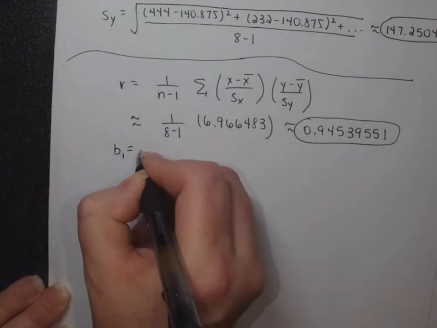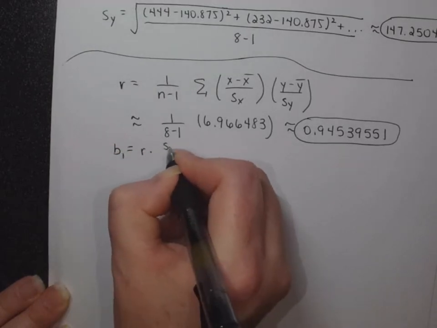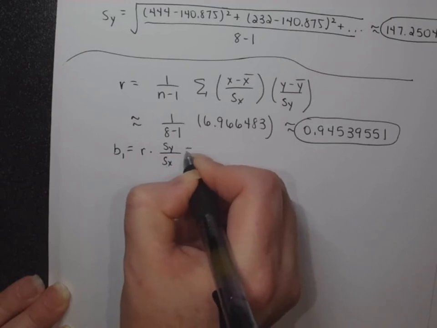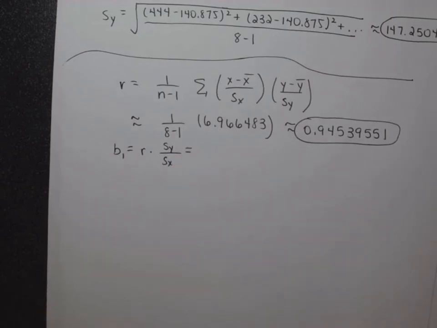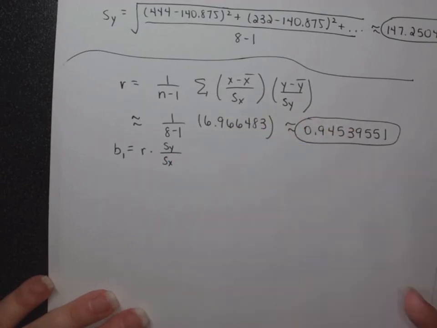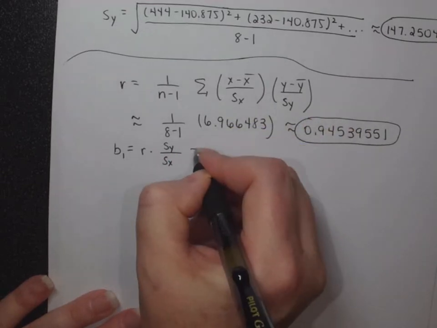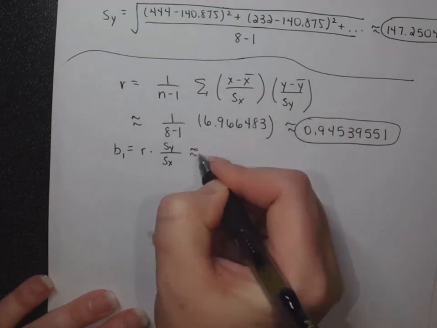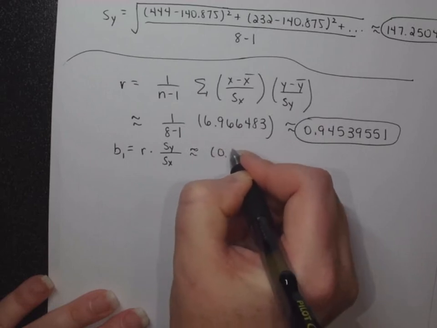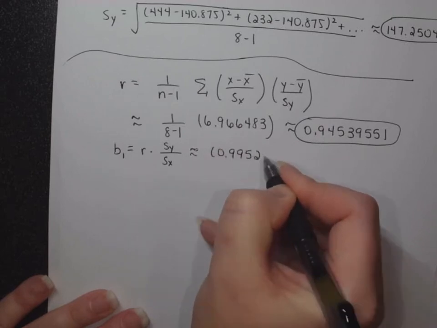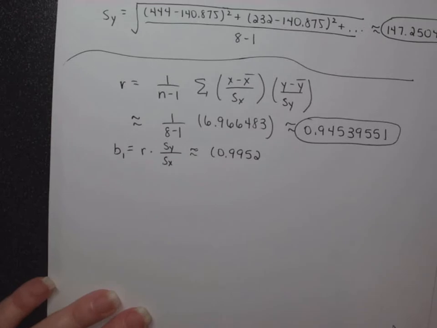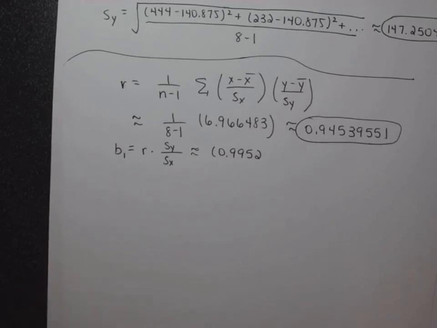Okay, so now let's use that. So remember, b sub 1 is r times the standard deviation of y over the standard deviation of x. So we'll use a squiggly equals because these are all rounded. So 0.995... sorry, hang on a second.